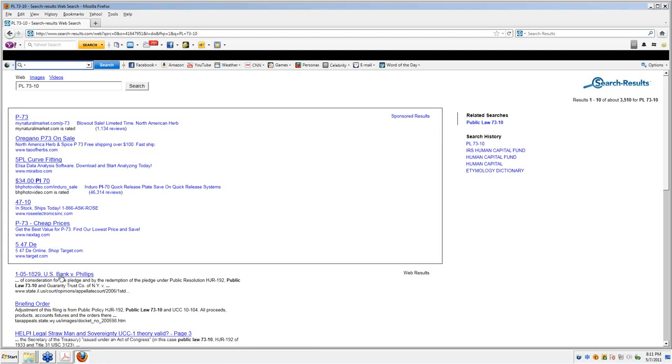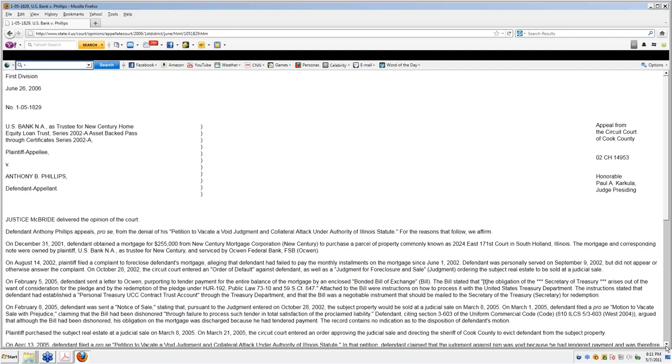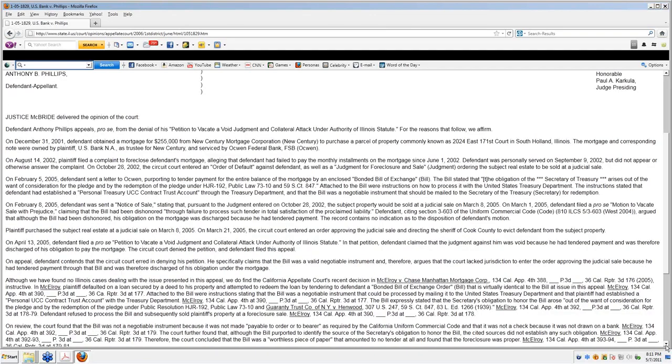Here's the case you were talking about. 1-05-1829. It quotes the Henwood case. Okay, U.S. Bank is trustee for New Century Home Equity Loan Trust versus Anthony B. Phillips, defendant appellant.